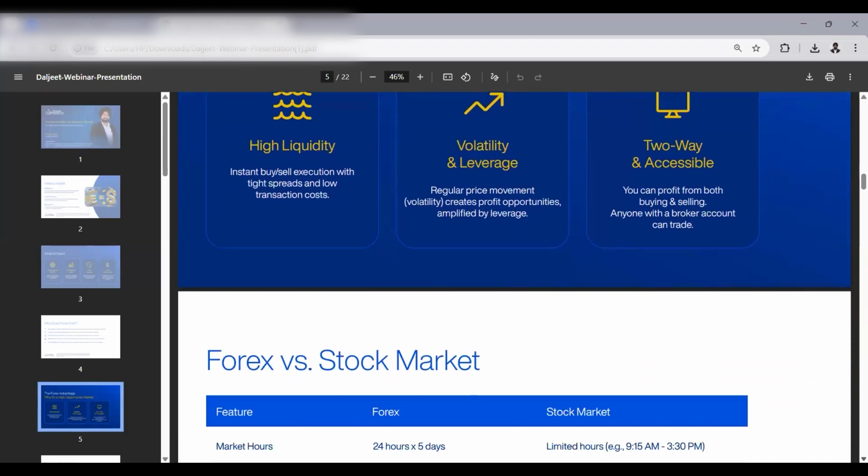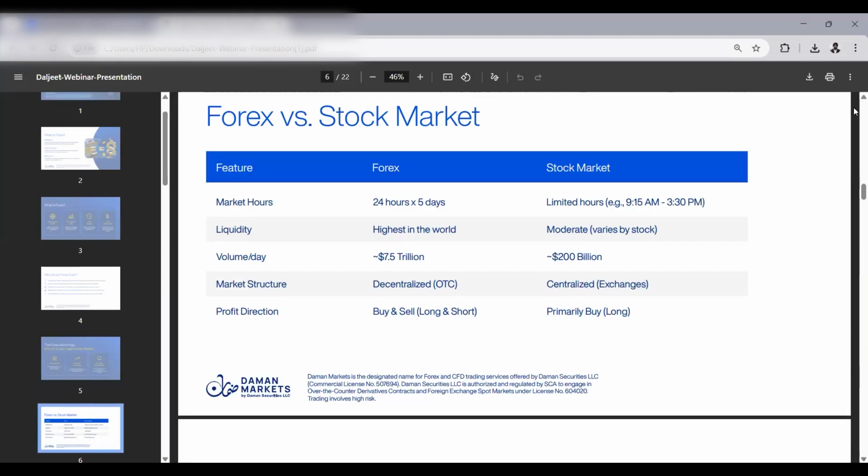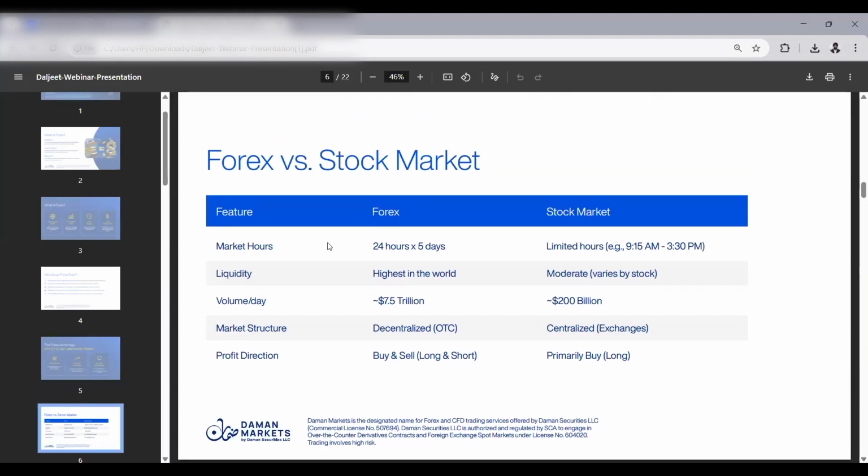So now this is where the basic difference lies: stock market versus forex market. Let us compare the stock market and the forex market hours. The biggest feature of the forex market is that it is open 24 by 5, Monday to Friday.